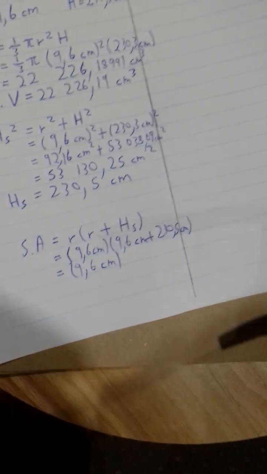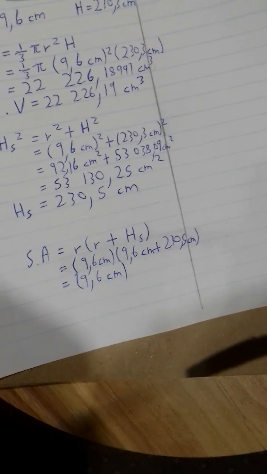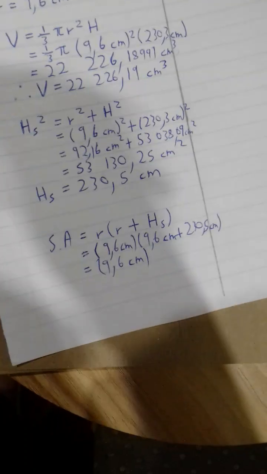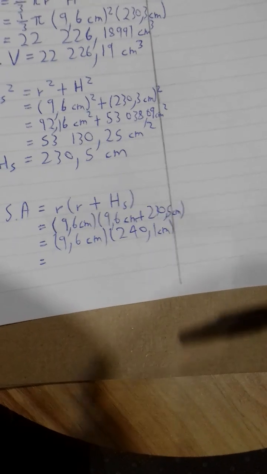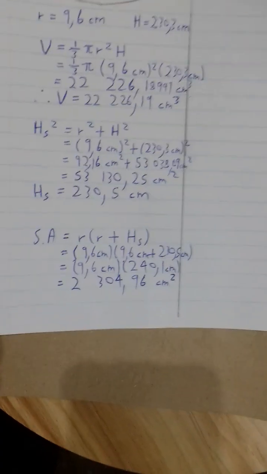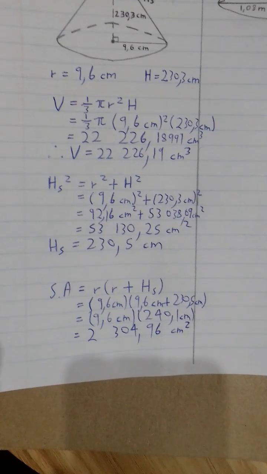What is 9.6 plus 230.5? 240.1. So it's 7,241.96 square centimeters. Okay, I hope that is clear enough.